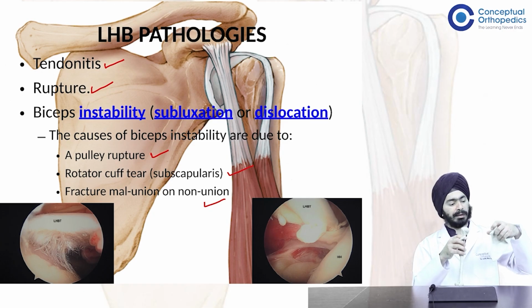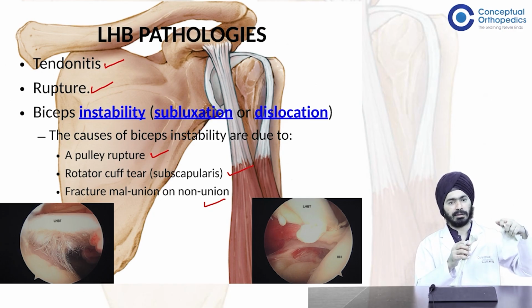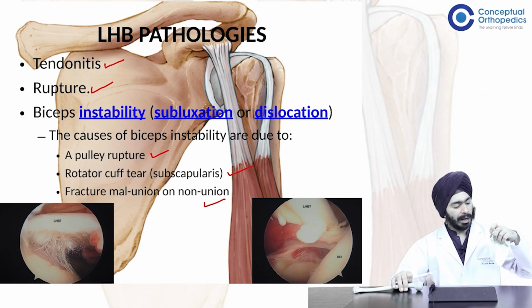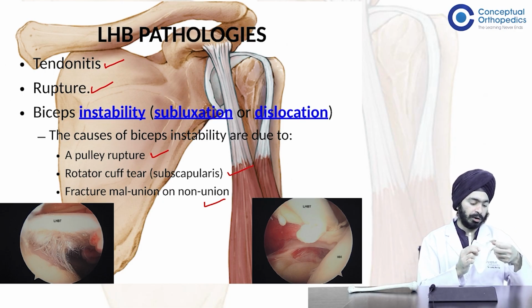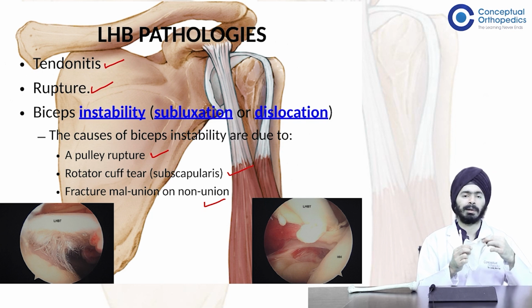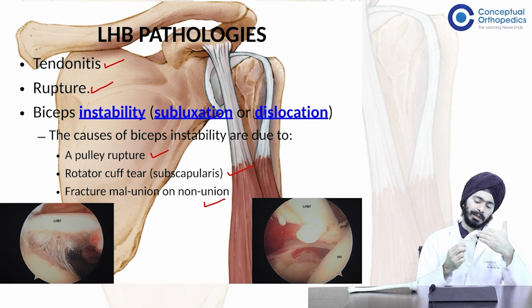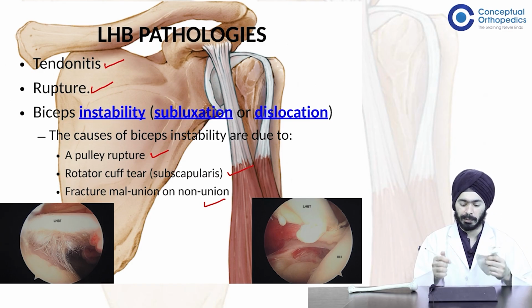So if we look again, this is not the same side, but if we take this to be the scapula and humerus of the same side, biceps coming here, attaching onto the superior glenoid tubercle. So the main stabilizer or the pulley of the biceps is formed by the ligament coming superiorly, or the superior glenohumeral ligament.